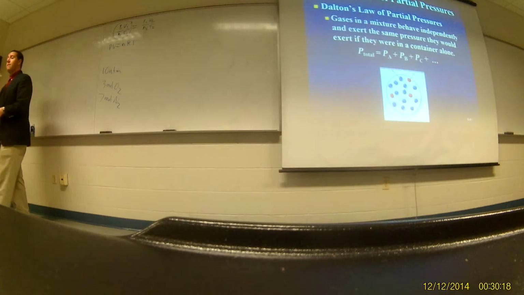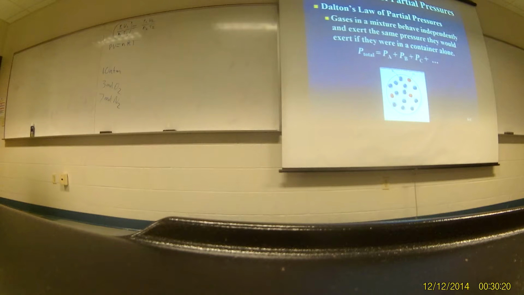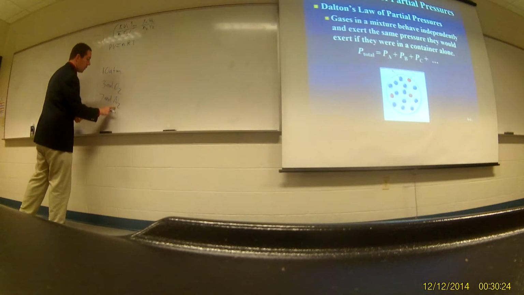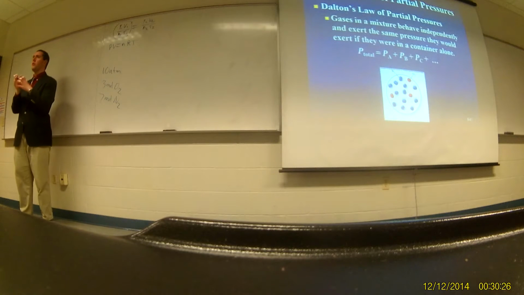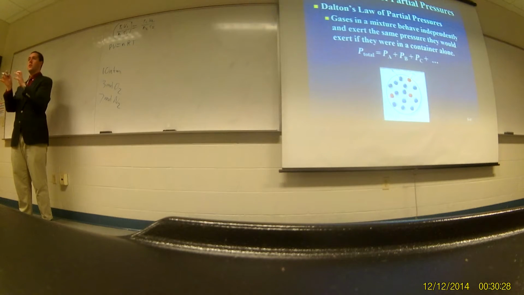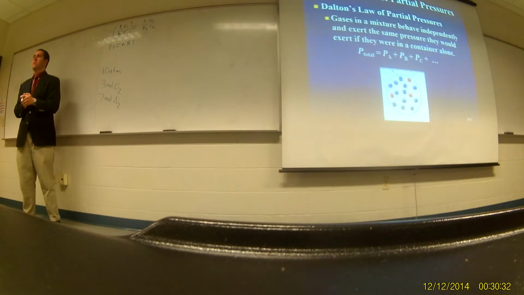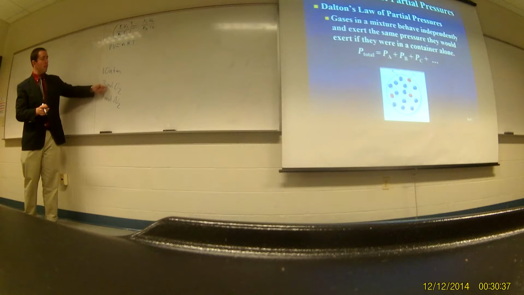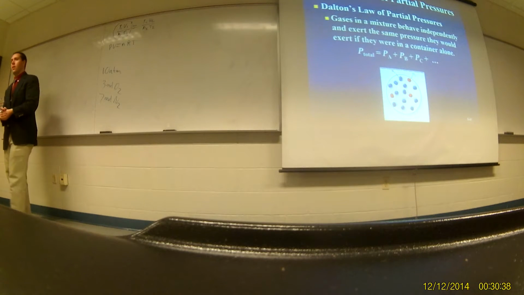I need to find the partial pressure, meaning what is the pressure of the oxygen and the pressure of the nitrogen. We say partial pressure of oxygen, partial pressure of nitrogen, because they're a part of the total pressure.